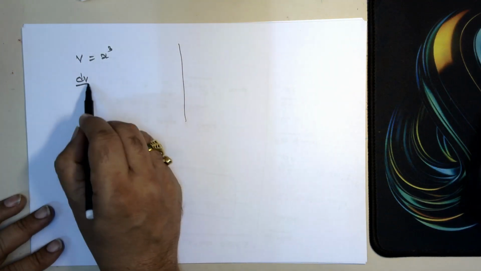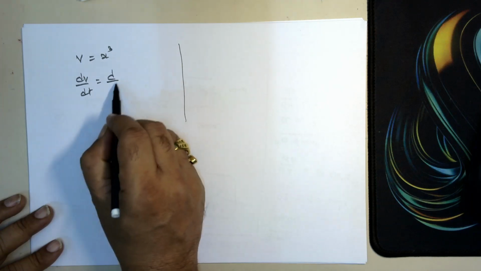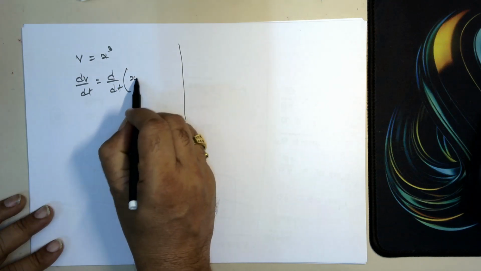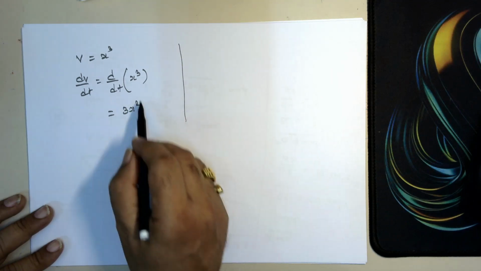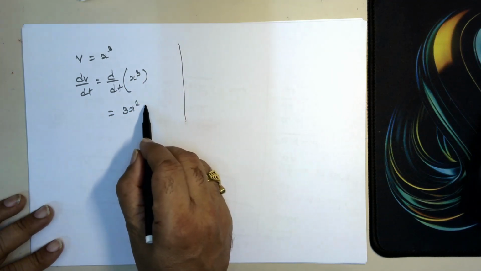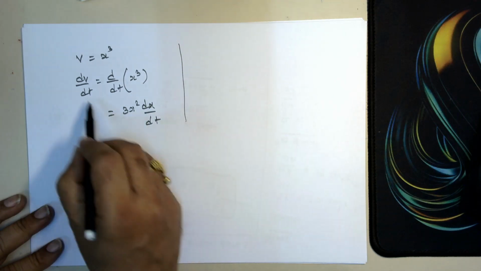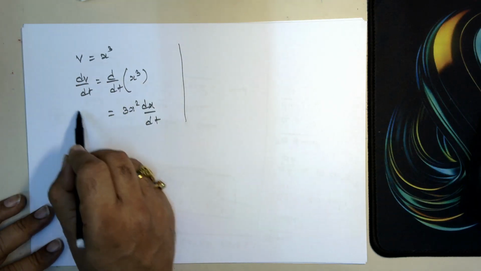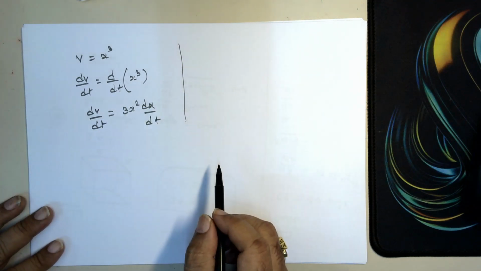So dV by dt. And what about this? d by dt of x cube. So it means 3x squared and then dx by dt. And what about this? This is 1 into dV by dt. Okay.